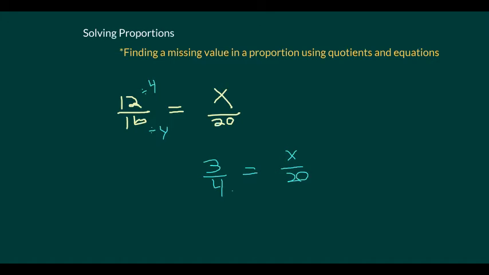And if you multiply the 3/4 by, or no, you multiply by 5. Multiply by 5. And x equals 15.